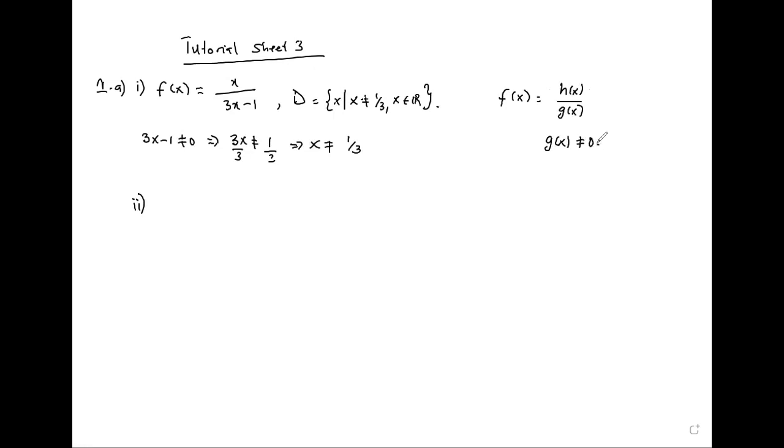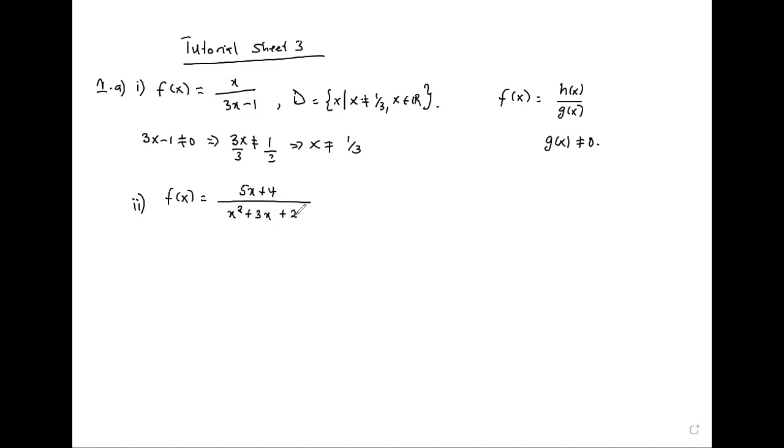Okay, then 2, f of x is equal to 5x plus 4 divided by x squared plus 3x plus 2. Same setup, g, the denominator, must not be equal to 0.